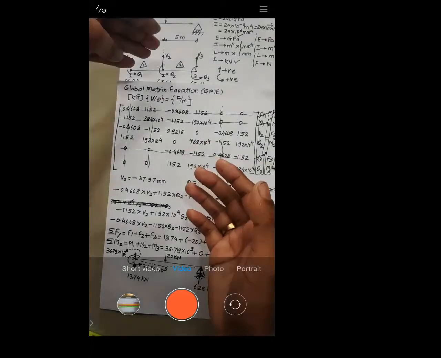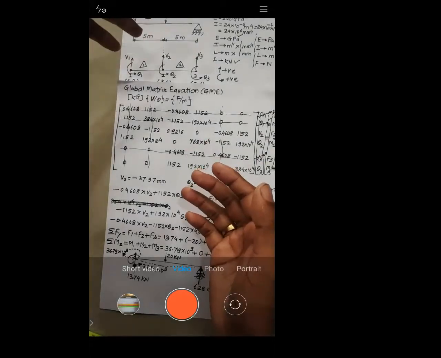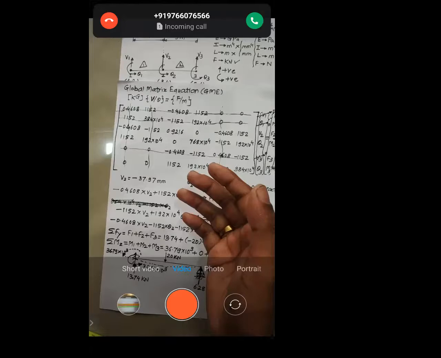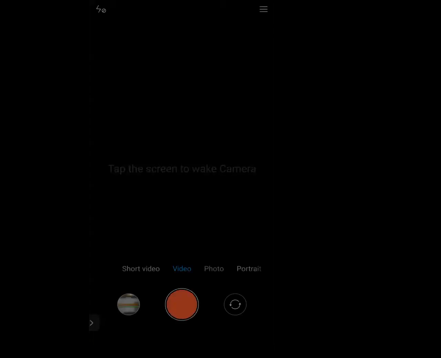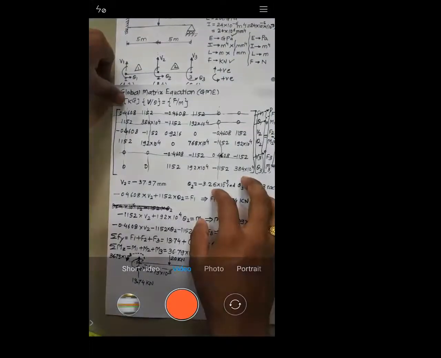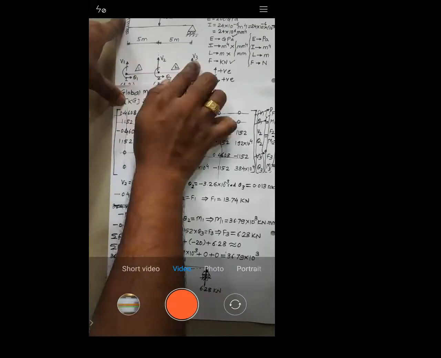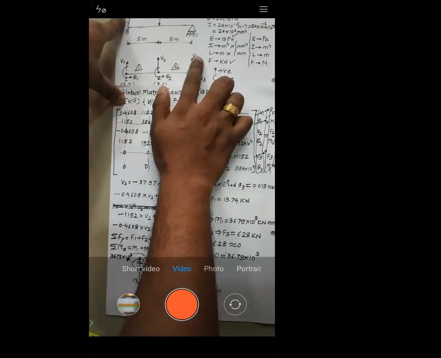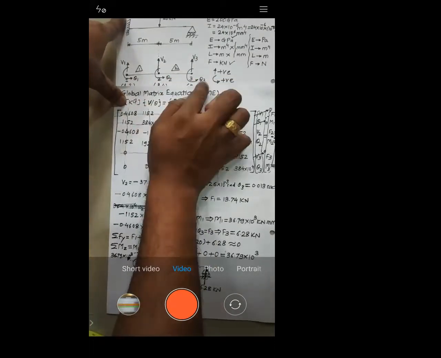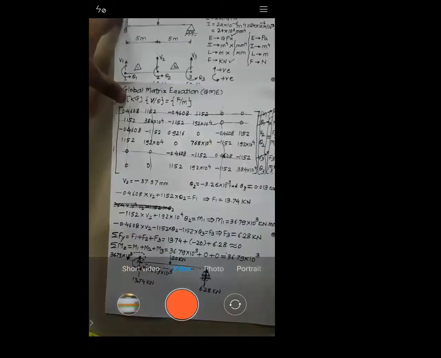So when we are solving the problem, we don't know exactly what is the direction of the displacement. We don't know those values. So in that case, we need to assume some displacements, that is v1, v2, v3, as positive. Similarly, theta 1, theta 2, theta 3, these are the angular displacements which you need to assume as anti-clockwise, that is positive.